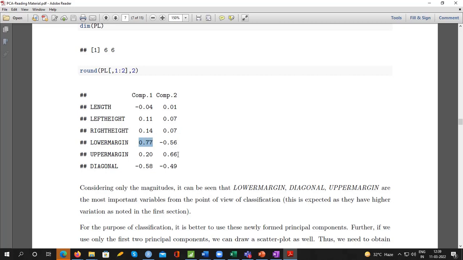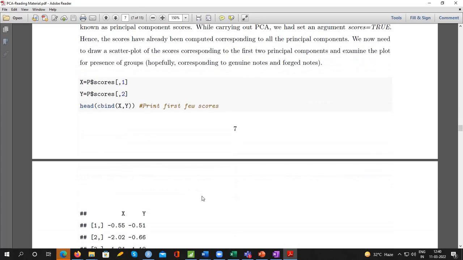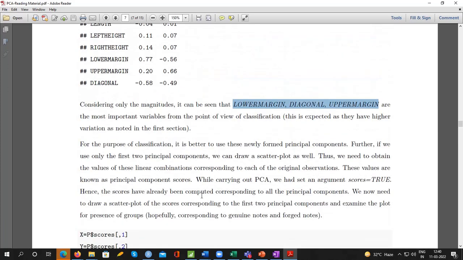Now if I go to the second component, I'll have to ignore lower margin. Among the remaining, who is highest? Upper margin. And we can see that diagonal also has a pretty high coefficient in both the PCs. So generally I would say lower margin, diagonal and upper margin are the most important variables, from the perspective of understanding the variation.